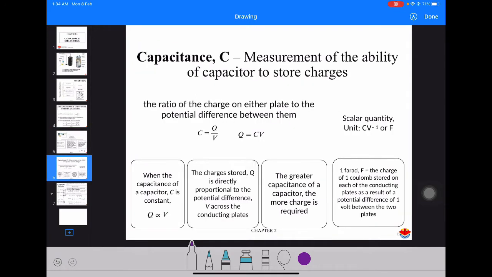What is actually capacitance? It is a measurement of the ability of a capacitor to store charge. The higher the capacitance, you expect a higher ability to store charge.